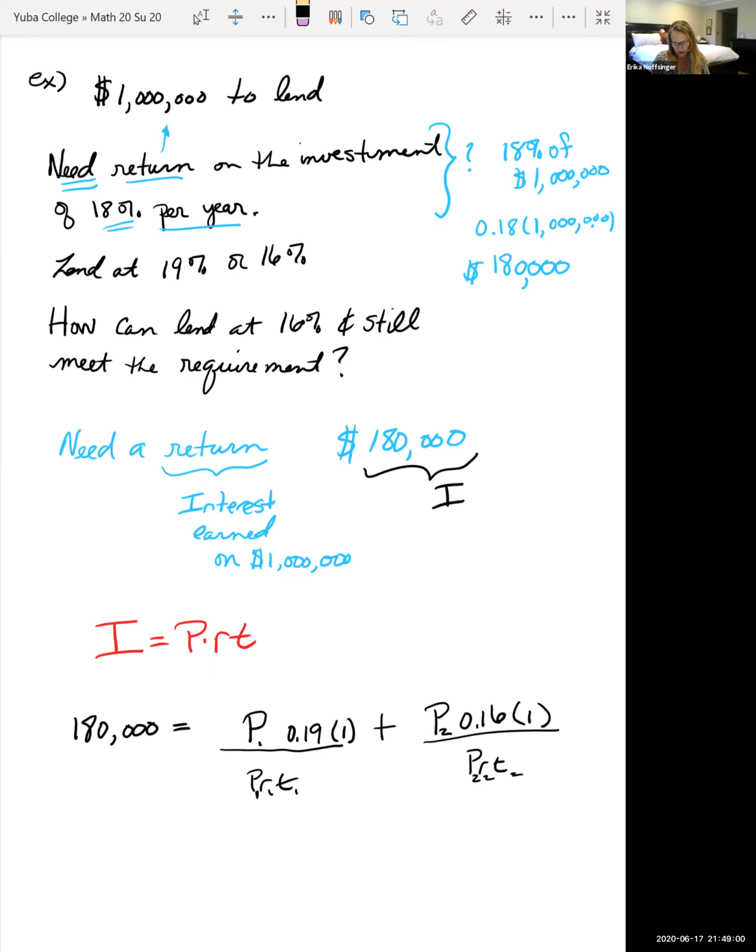So we almost have the equation. Well, the total amount that they have to invest is $1 million.